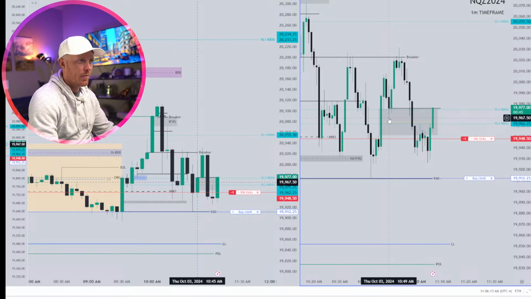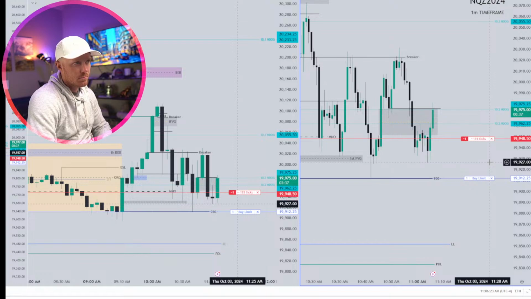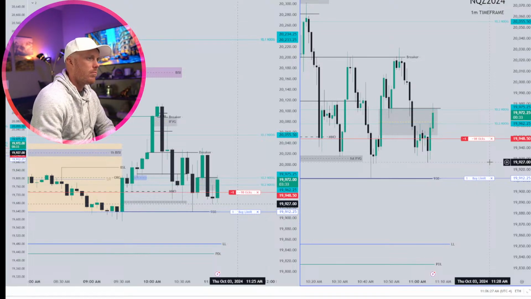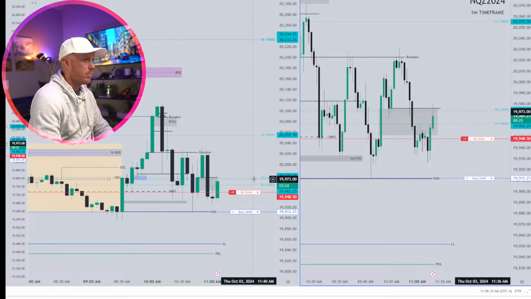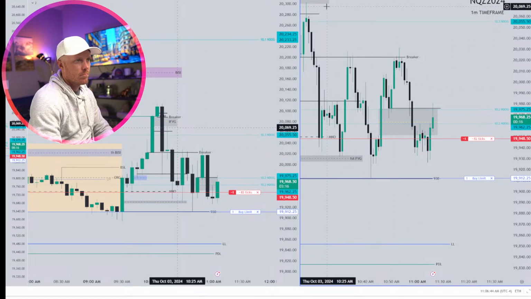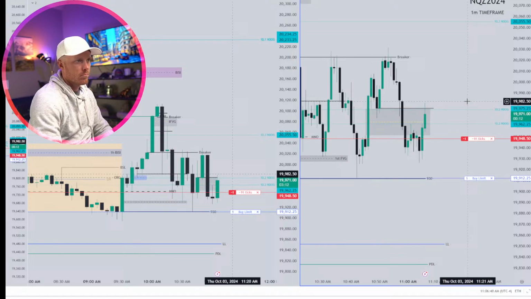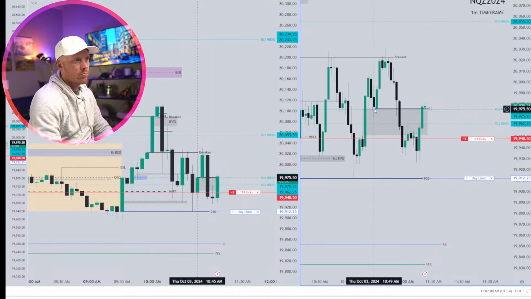Okay, there's a breaker tag for the low. There's the body of the breaker. Let's see what happens here. We closed on the fair value gap or the breaker.